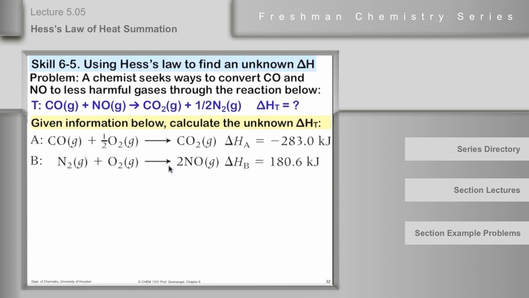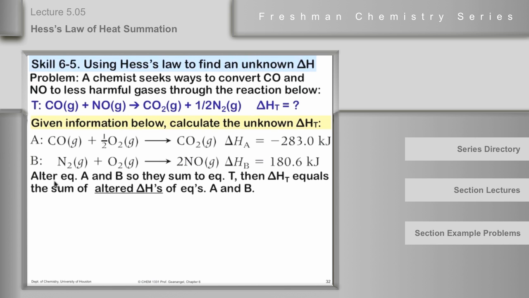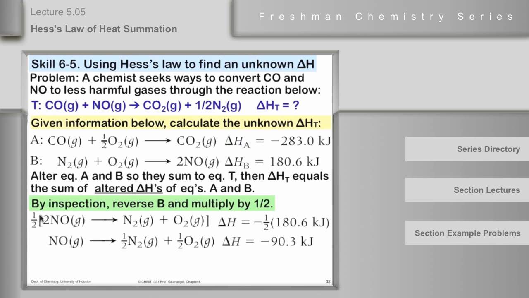All right? Now, in altering these things, we're going to leave equation A alone, and we're going to turn B around, reverse B, and multiply it by 1/2 or divide by 2, hopefully the same thing. So here is the turned around equation B. 2NO goes to N2 plus O2.